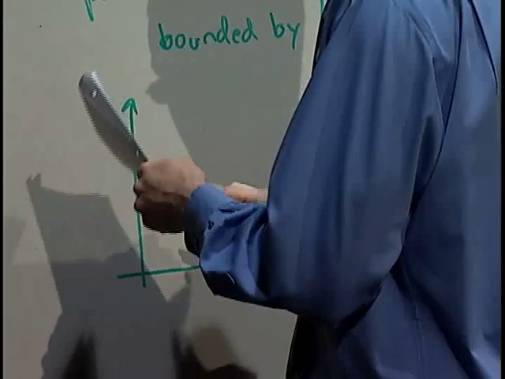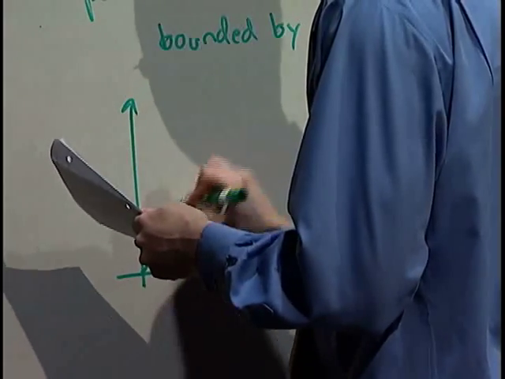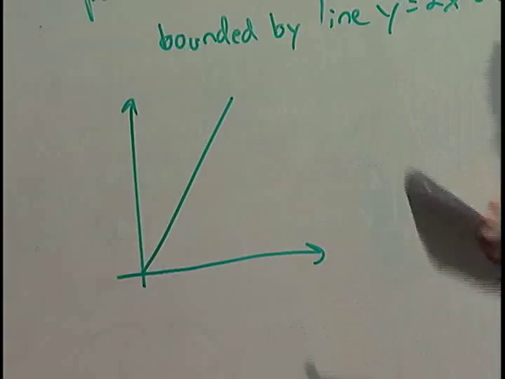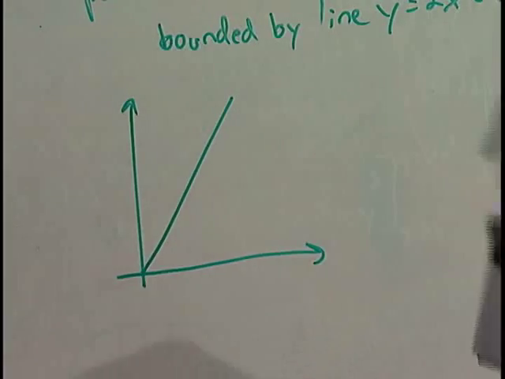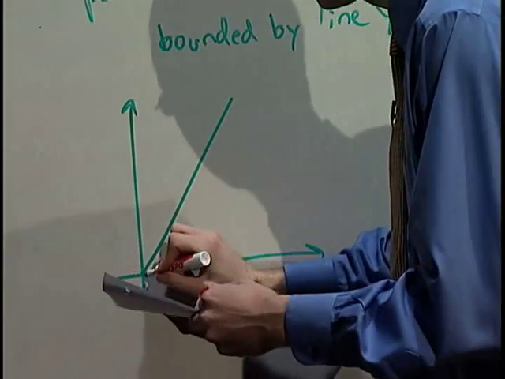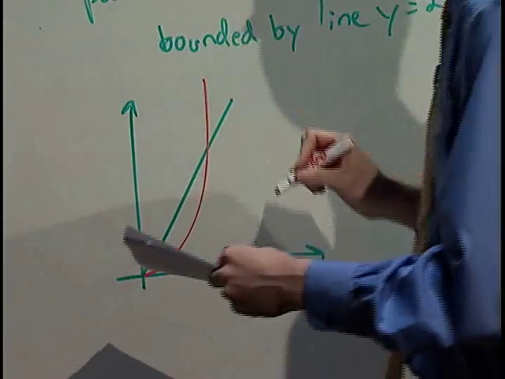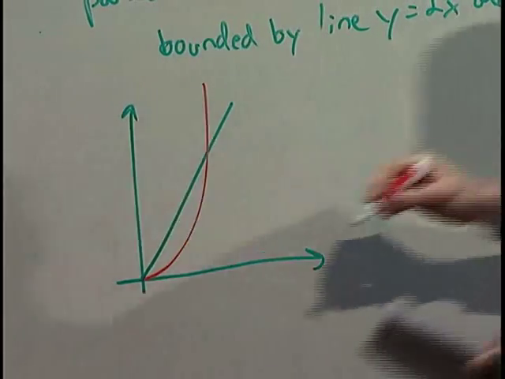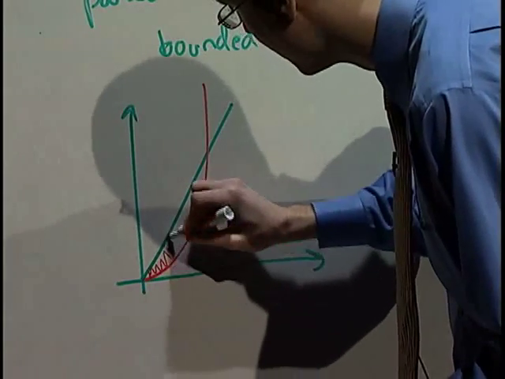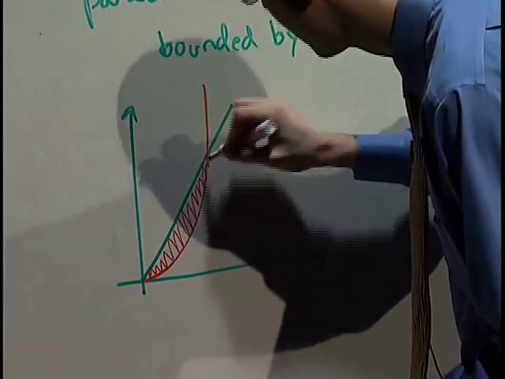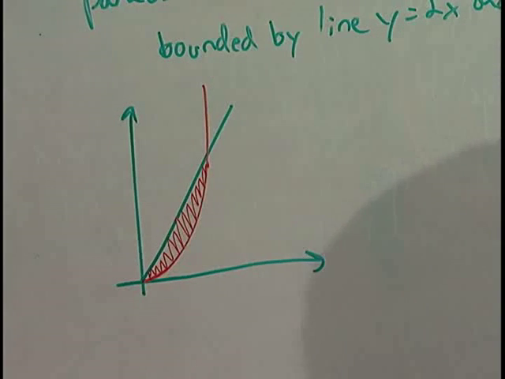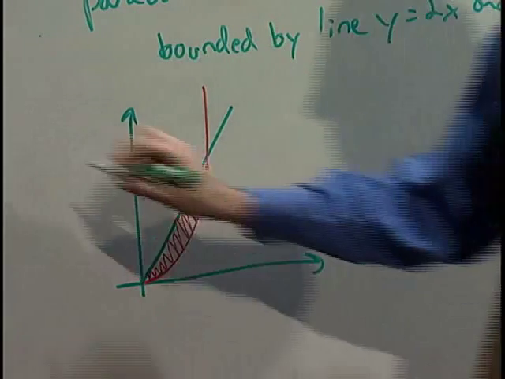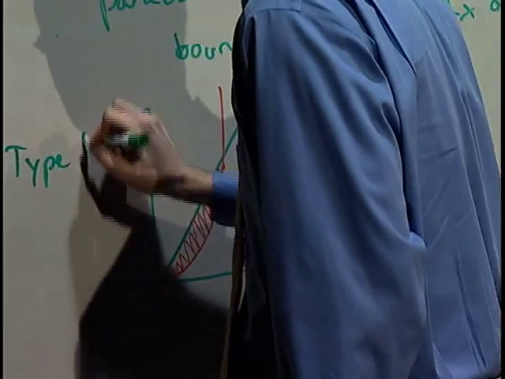So y equals 2x looks like that, and y equals x squared looks like that. We want this orange shaded region, that's our region D, and we're going to look at this as type 1.